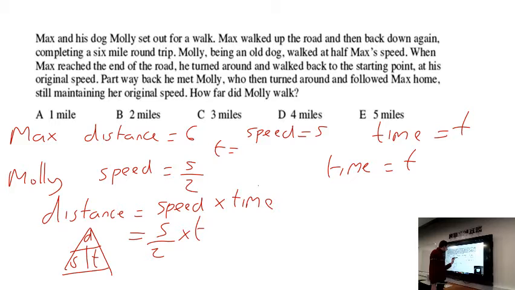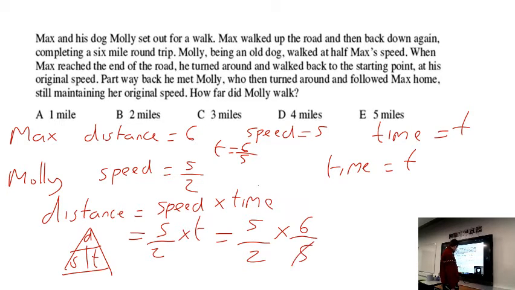Here, distance is 6, and the speed is s. So I'm just going to plug that information in. So s over 2 multiplied by 6 divided by s. Here we should see that the s's cancel. So we have 6 divided by 2, and this is equal to 3. So it's 3 miles.